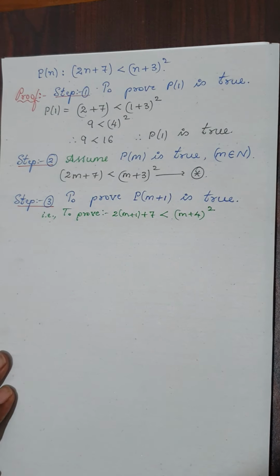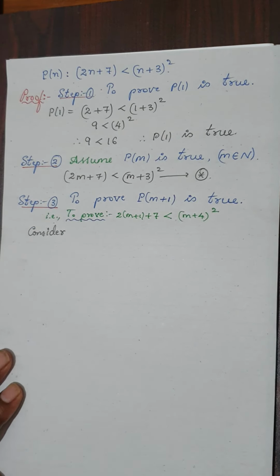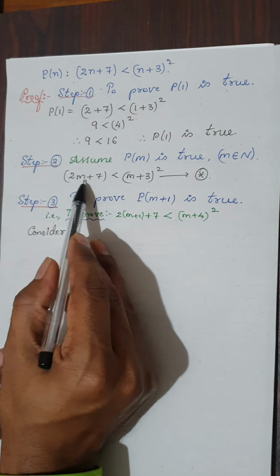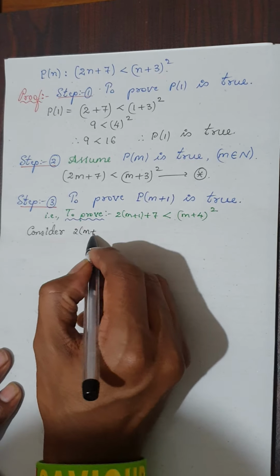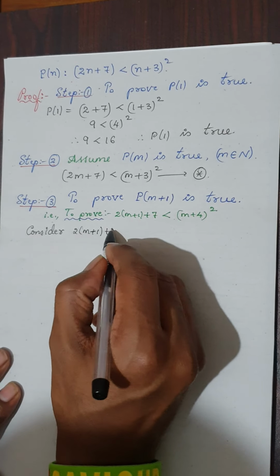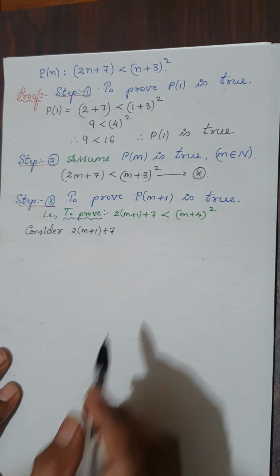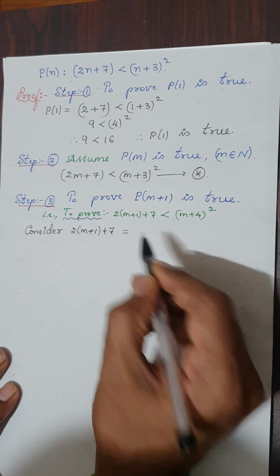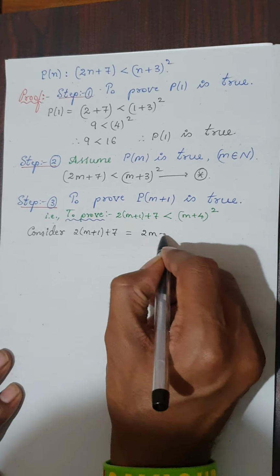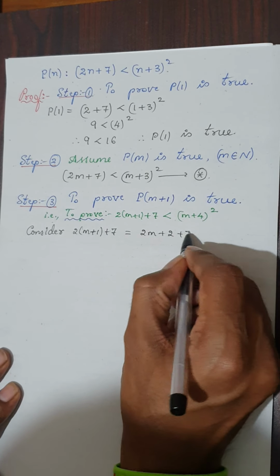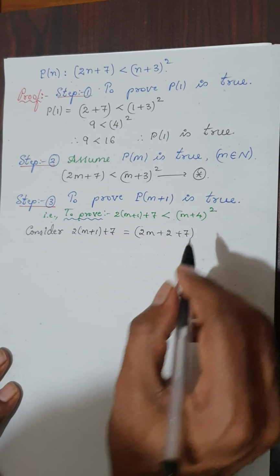So let us consider, please look here. Let me consider the m plus 1 term here. So if I consider 2 into m plus 1 plus 7. Is it clear? Now I'm going to rewrite this as 2m, this is actually 2m plus 2 plus 7, isn't it? Okay.